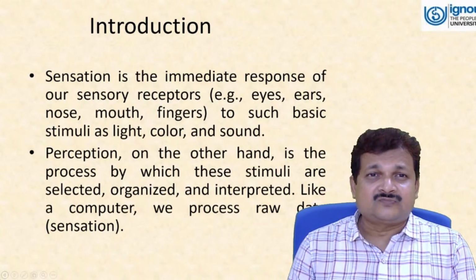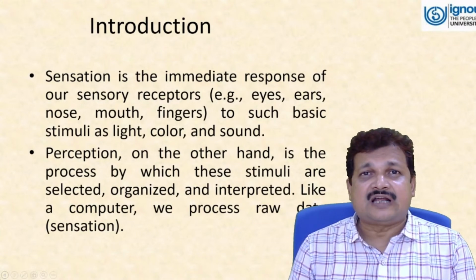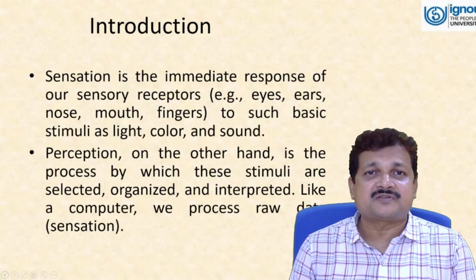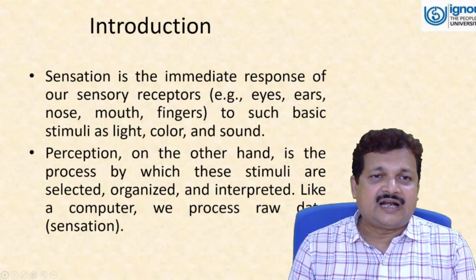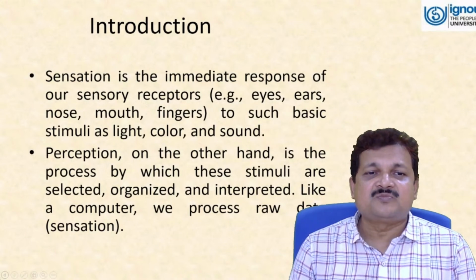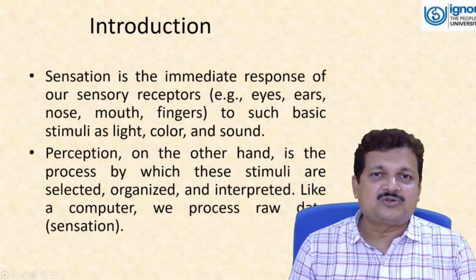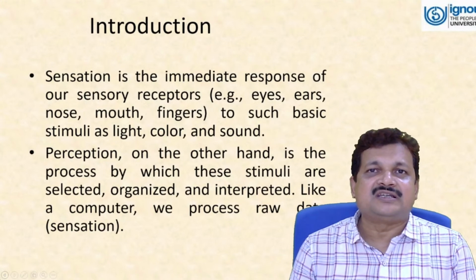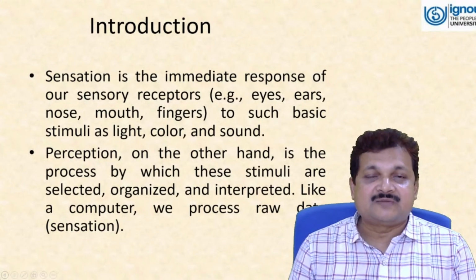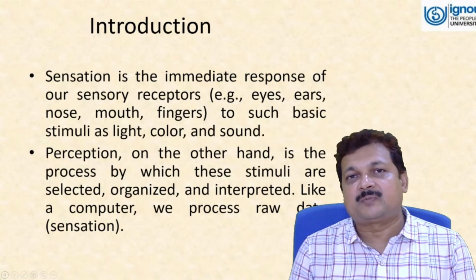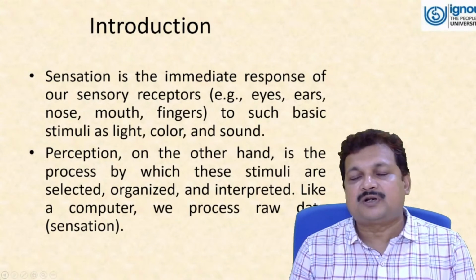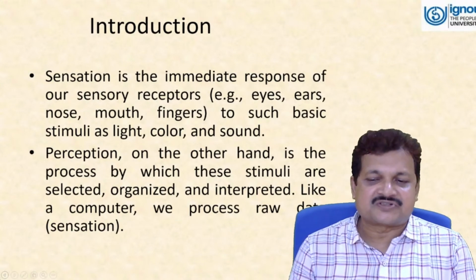But when we call it sensation, it means we have received the information, that is the stimuli, and we have reacted to it. Perception is when the stimuli come, we understand what kind of stimuli it is, and assembling all those things we are able to interpret it. In that case we call it perception.